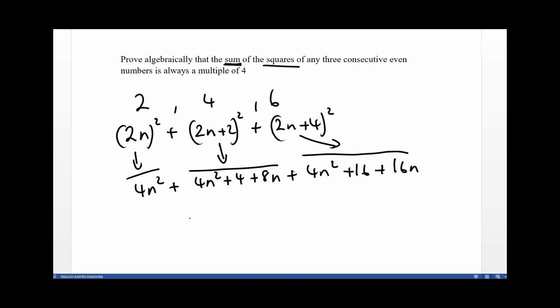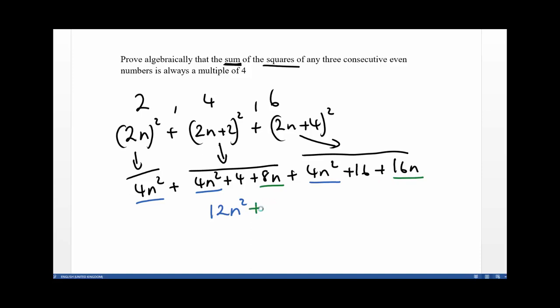Now what we're going to do is simplify this. Let's start with the 4n squareds. That's going to give me 12n squared. Let's choose a different color. Let's deal with our n's. We've got n here and n here.